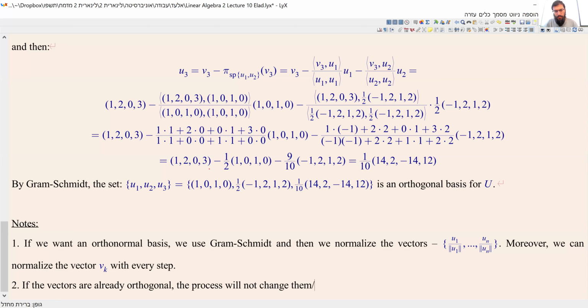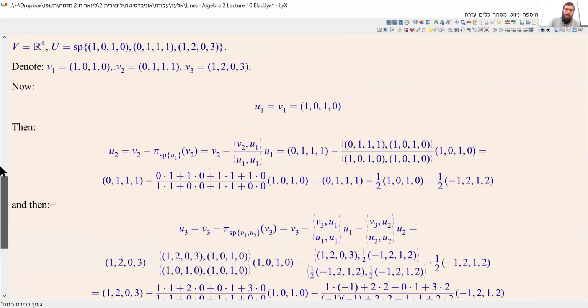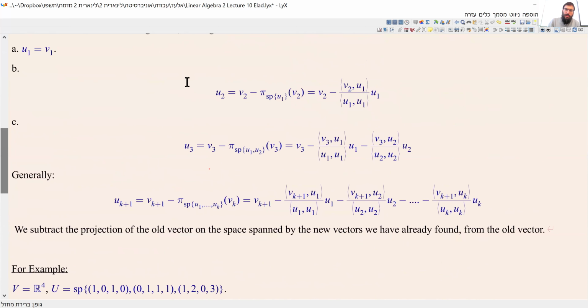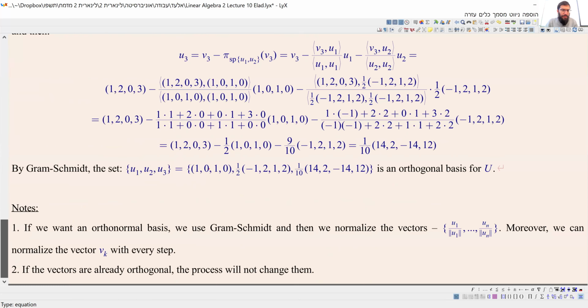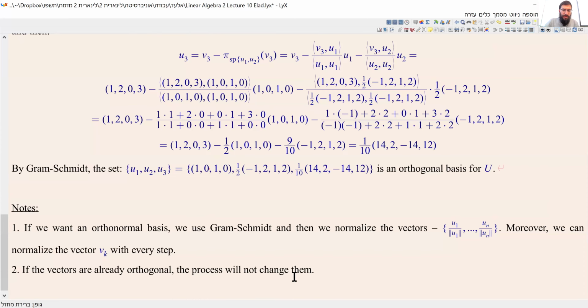There are different orthogonal bases, but the process will write the same. I mean, we are calculating these products, and all these products in the numerators are zero because the vectors are already orthogonal. So we just stay with the same v1, v2, etc. vectors.